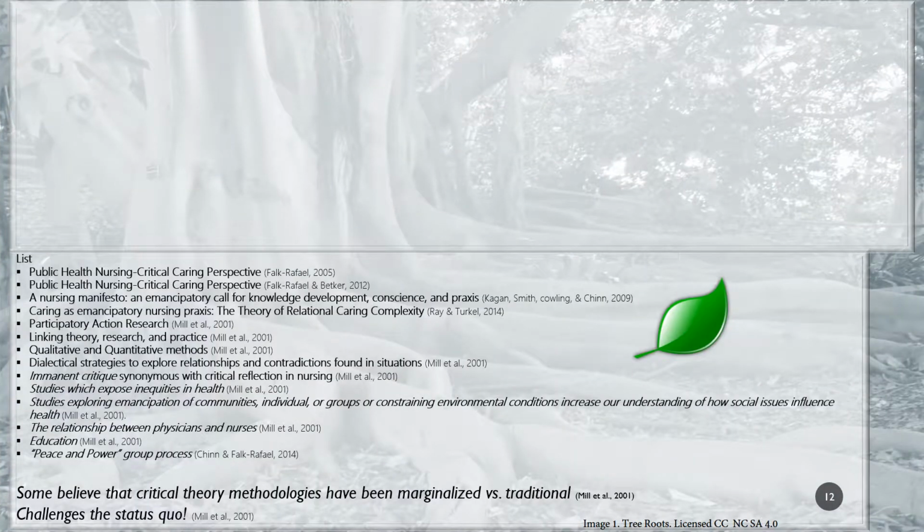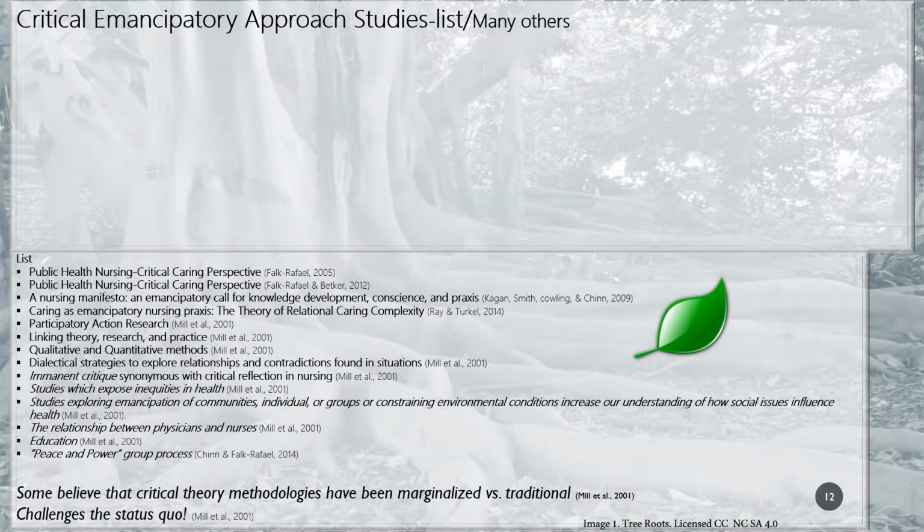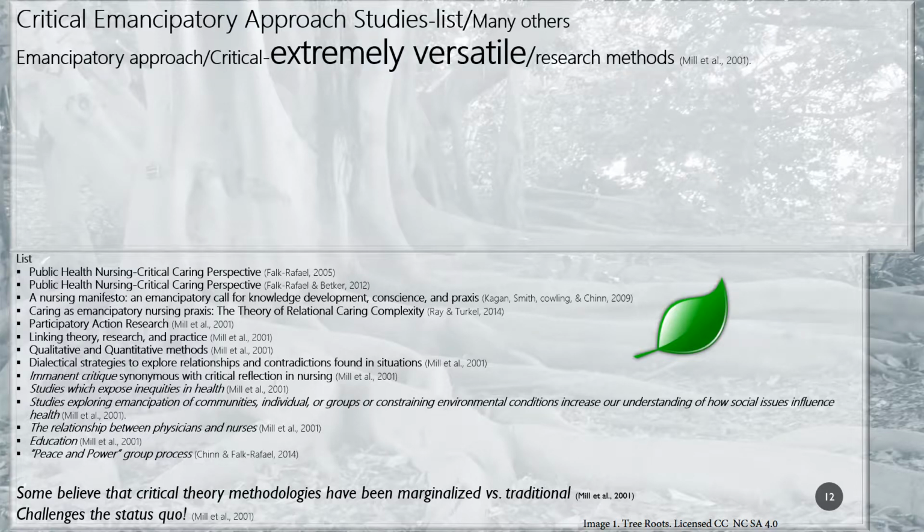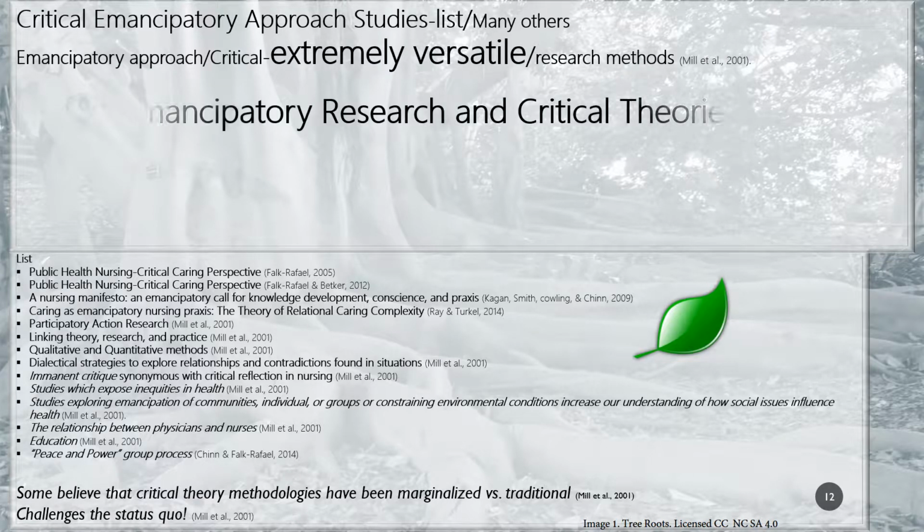So this is a list that I've compiled as I've done research, which shows some of the studies that have been done using the critical emancipatory approach. There are many of them, and this is not an exhaustive list. The methods are very versatile and include both qualitative and quantitative studies.